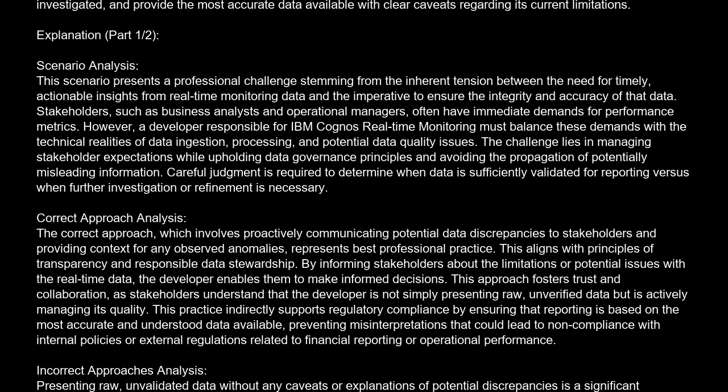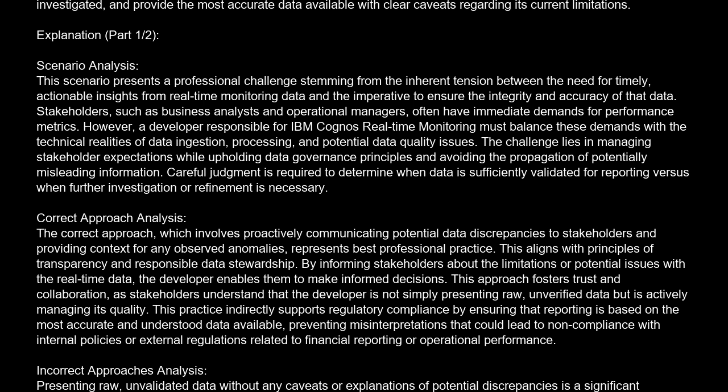However, a developer responsible for IBM Cognos real-time monitoring must balance these demands with the technical realities of data ingestion, processing, and potential data quality issues. The challenge lies in managing stakeholder expectations while upholding data governance principles and avoiding the propagation of potentially misleading information. Careful judgment is required to determine when data is sufficiently validated for reporting versus when further investigation or refinement is necessary.